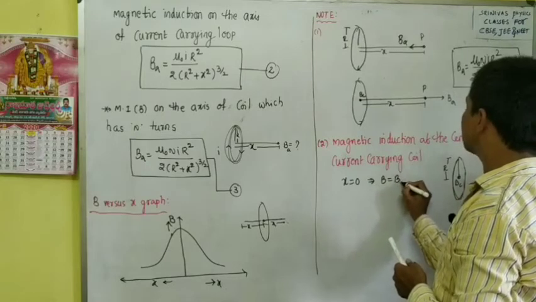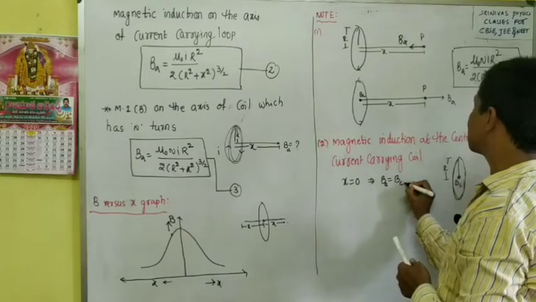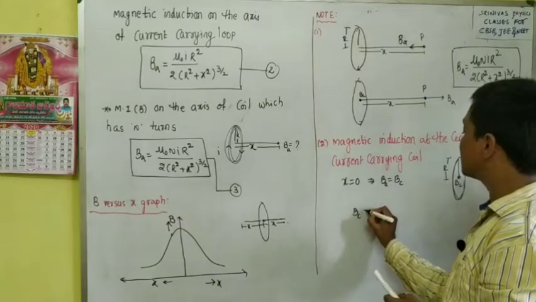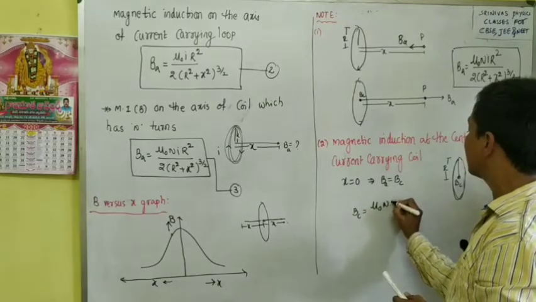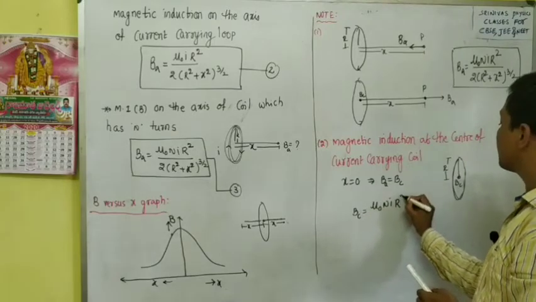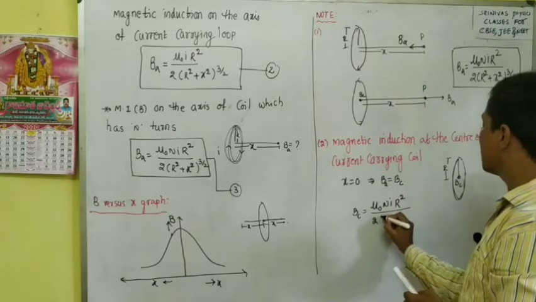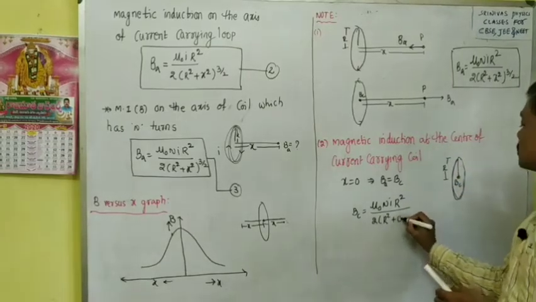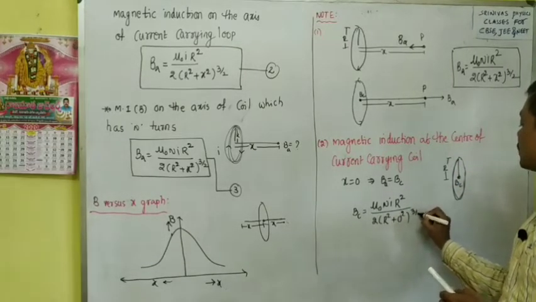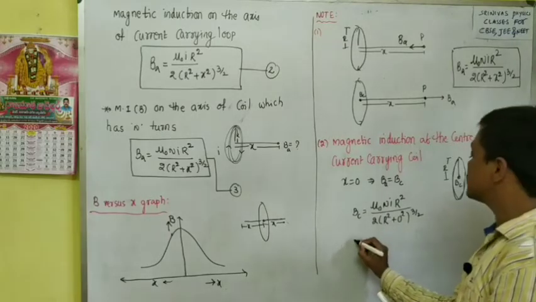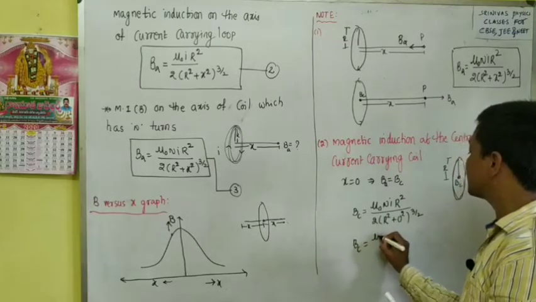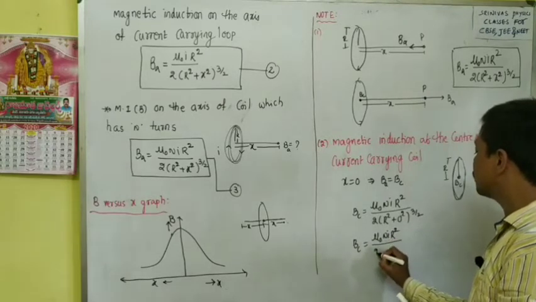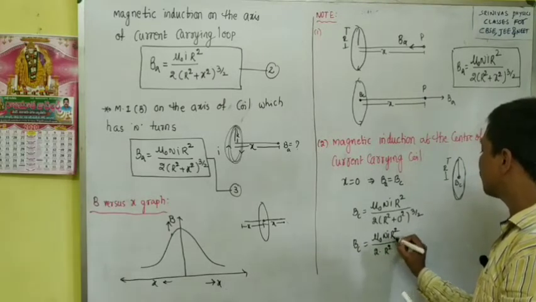We take BA, the magnetic induction on the axis, equal to the magnetic induction at the center. Substituting, the magnetic induction at the center is mu naught N I r square by 2 of r square plus 0 square, whole power 3 by 2.